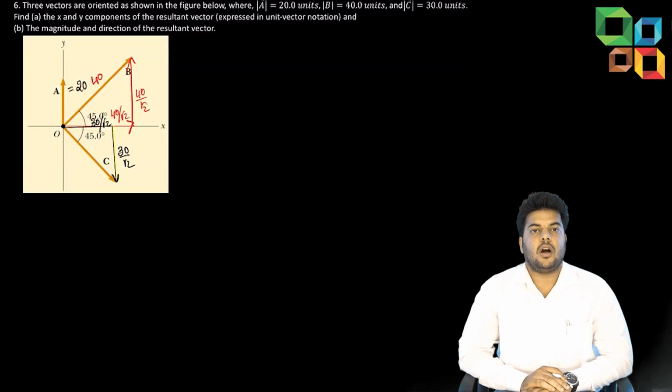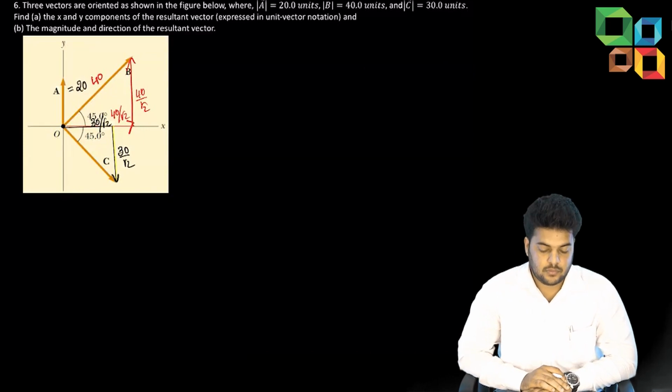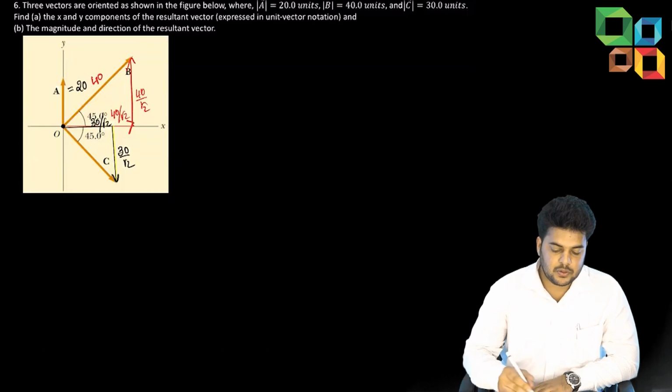Okay. Now, how to find the resultant? Addition of all these three. Addition of x and x components only. You cannot add x components to y components, isn't it? So add x components to x components.